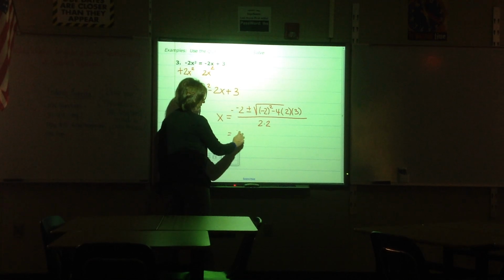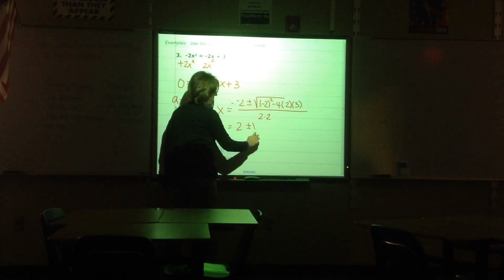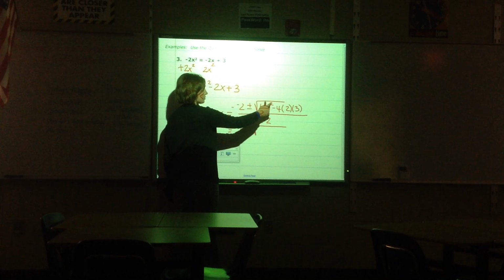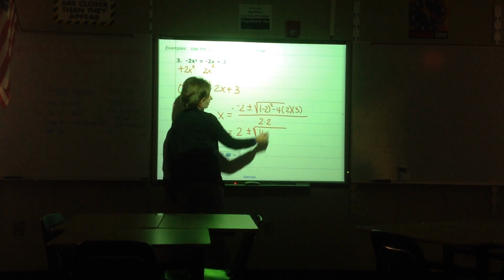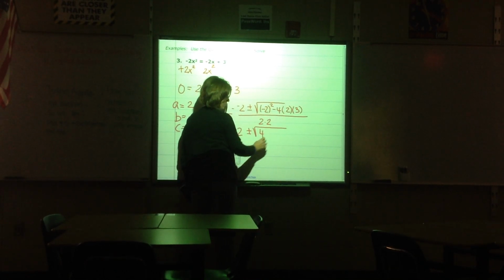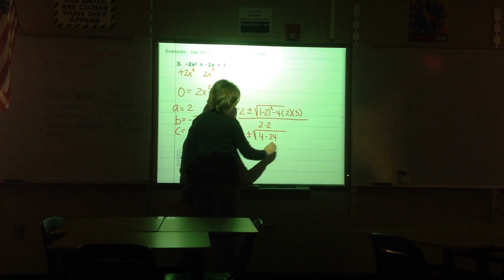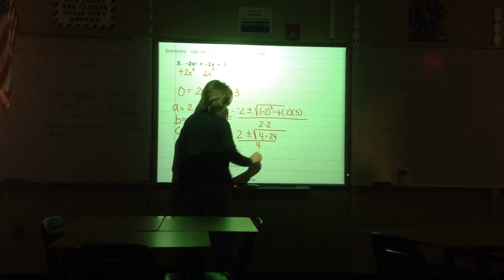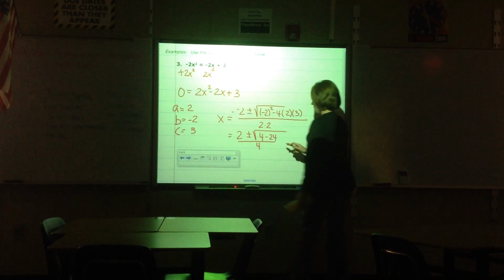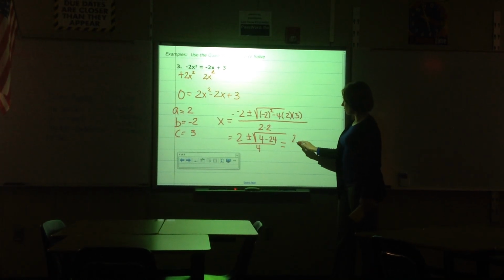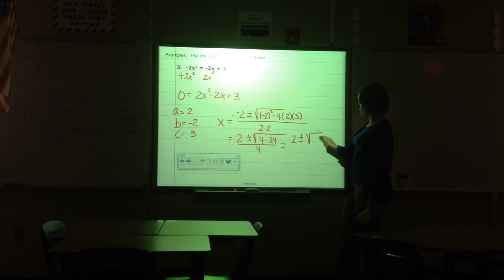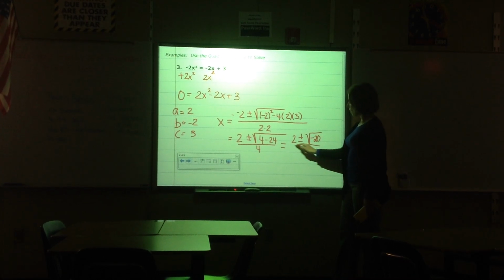So -(-2) is positive 2 plus or minus the square root. (-2) squared is positive 4. -8 times 3 is -24, all over 4. So I end up with 2 plus or minus the square root of -20, all over 4.